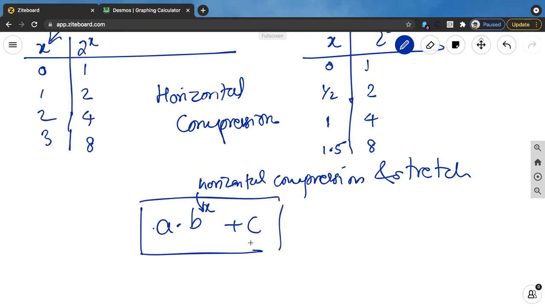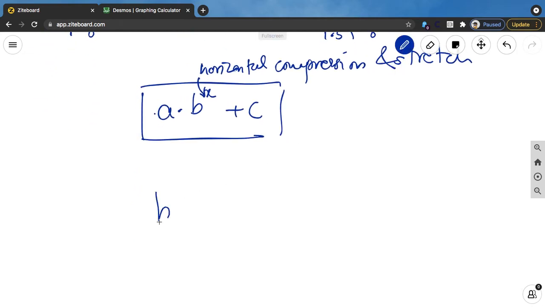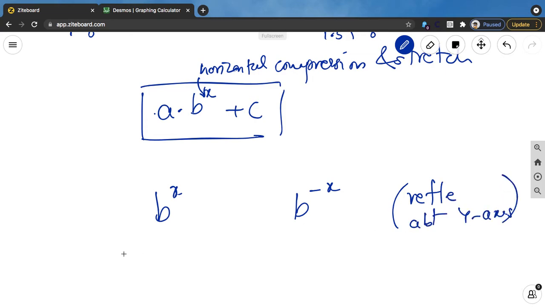Right? It addresses all the kinds of transformations that can happen. So when I say b raised to x and b raised to minus x, it is a reflection about the y-axis. And when I say b raised to x and minus b raised to x, it is a reflection about the x-axis.